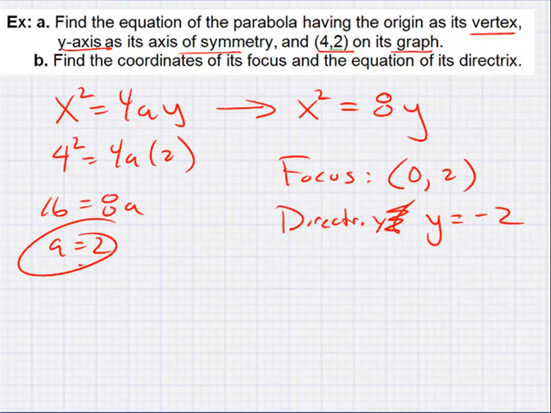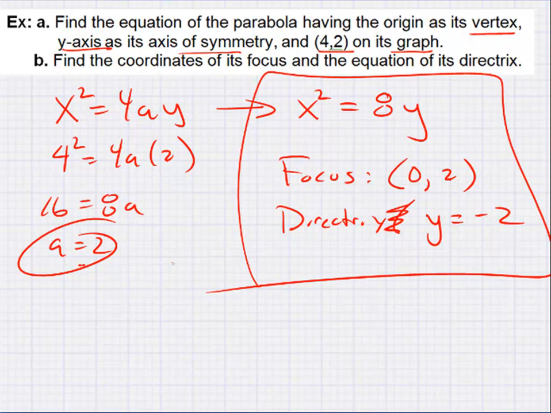So if a is 2, focus is 0, 2, and directrix is y equals negative 2. There's not much to these problems because there's really not much to parabolas. If you understand this new method of looking at parabolas in terms of focus and directrix, how we look at the equations of a parabola, one of the variables is squared, how this a part of the equation really helps you find the focus and directrix, you have everything you need.